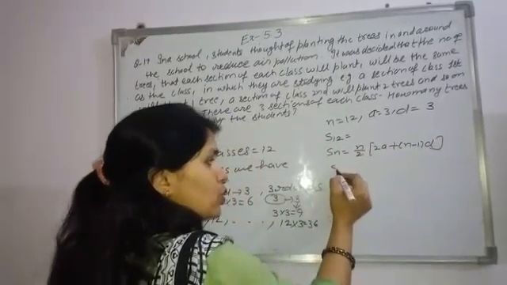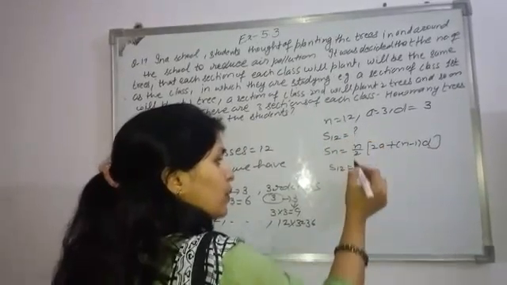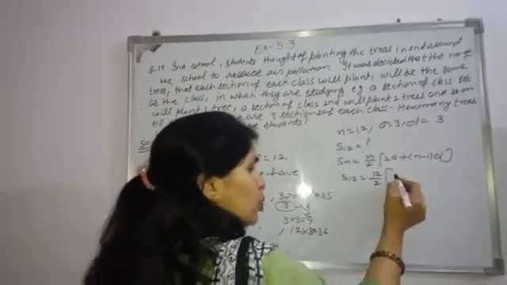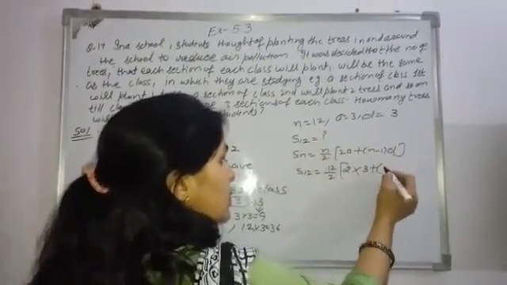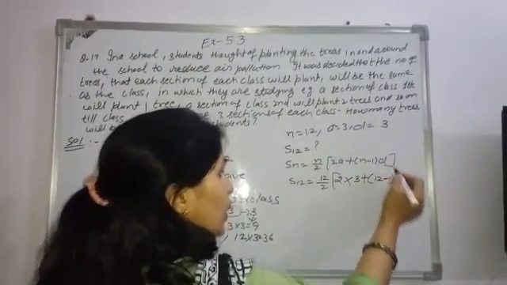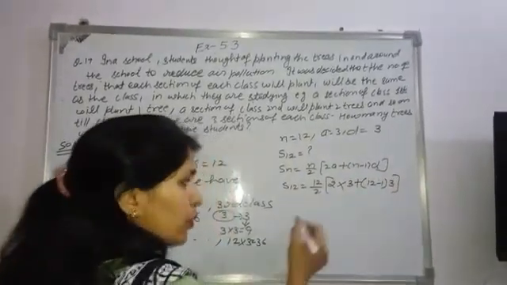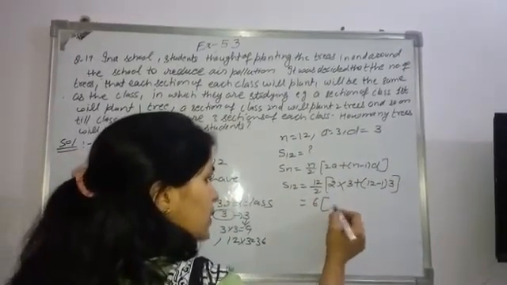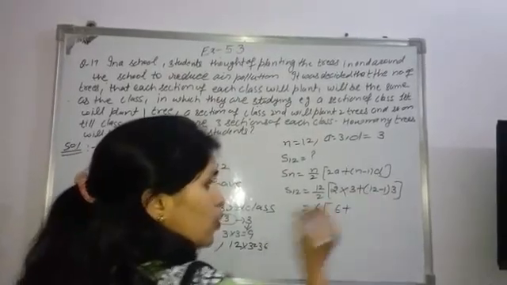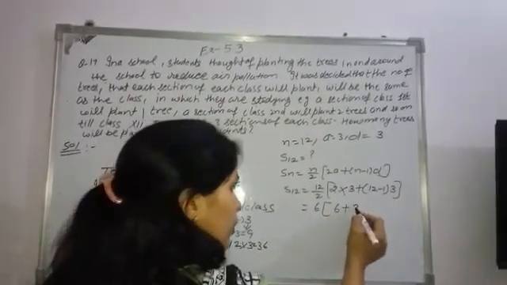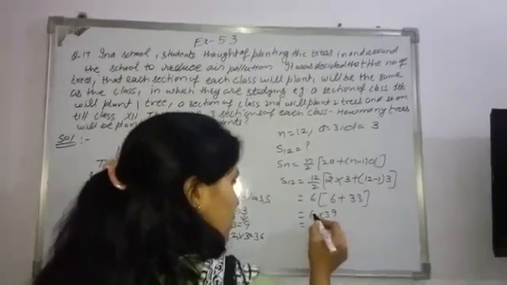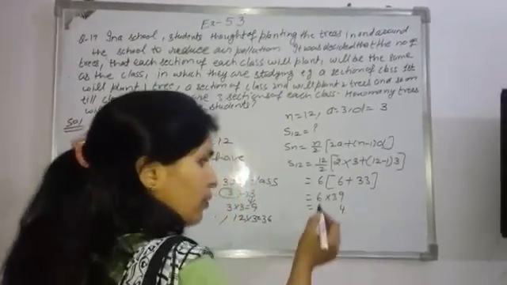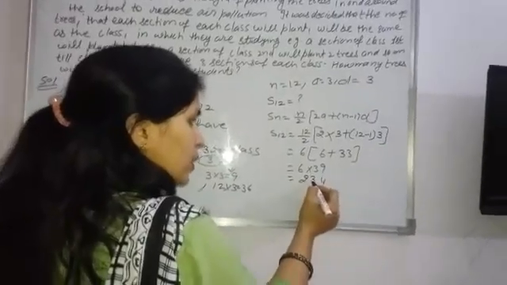Now S12 will be equal to 12 divided by 2, times (2 into a, which is 3, plus (12 minus 1) times difference 3). So 12 divided by 2 is 6, 2 times 3 is 6, plus 11 times 3 is 33. So 6 into 39, 6 times 9 is 54, 6 times 3 is 18 plus 5 is 23.